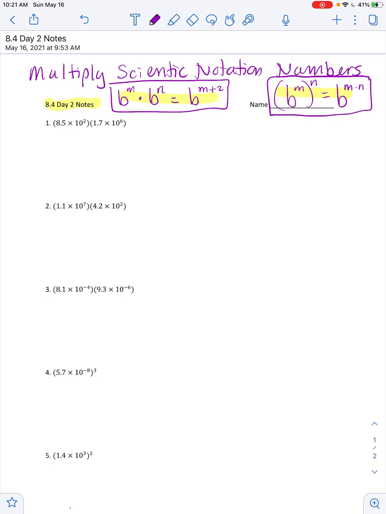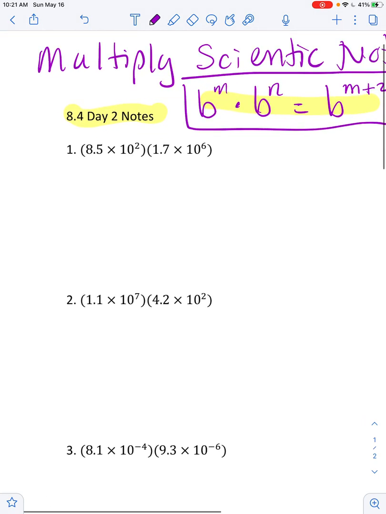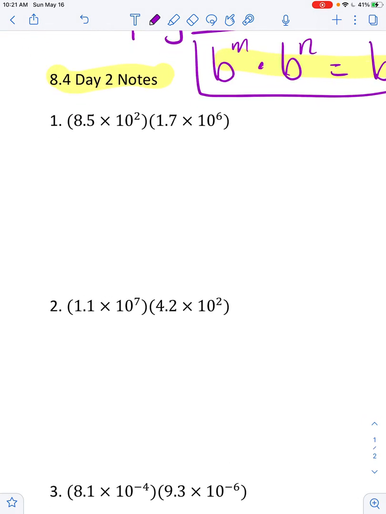So let's see. This is going to be one scientific number times another. It looks very complicated. But with multiplication, you can multiply the numbers in any order you want. So I'm going to kind of group them together. I'm going to take my constants and multiply 8.5 by 1.7.